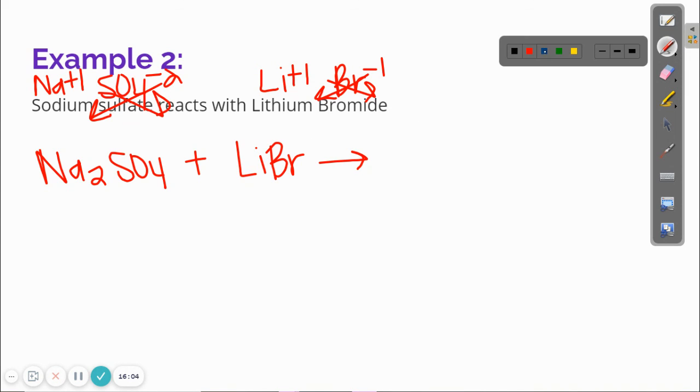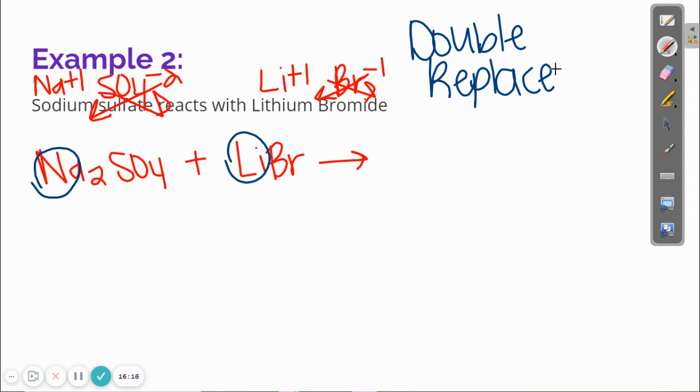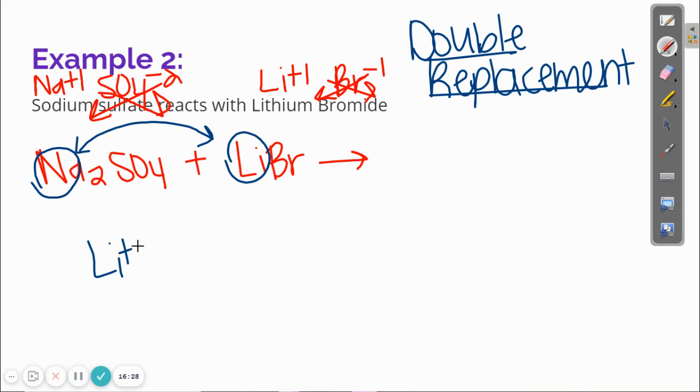So for this one, again, I'm going to switch. It's a double replacement. I should probably say that. I've got two compounds, so it's a double replacement. So in a double replacement, I'm going to switch two of my ions with each other. So I'm going to switch my two metal ions. So that's going to end up with, I have lithium +1 and sulfate -2.